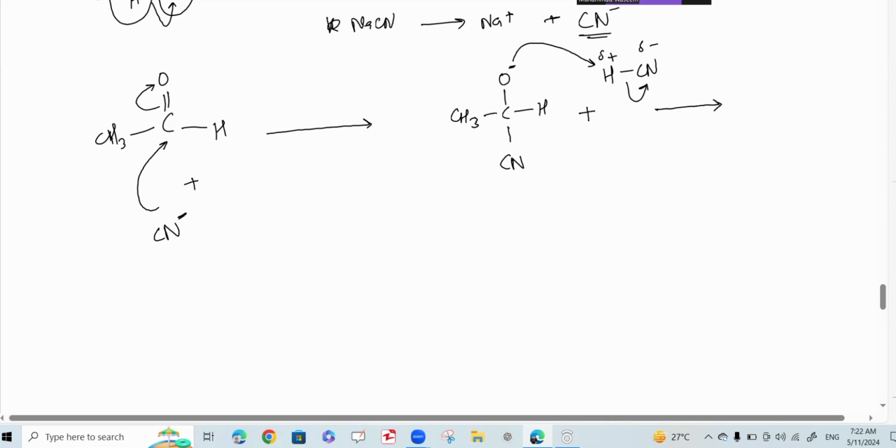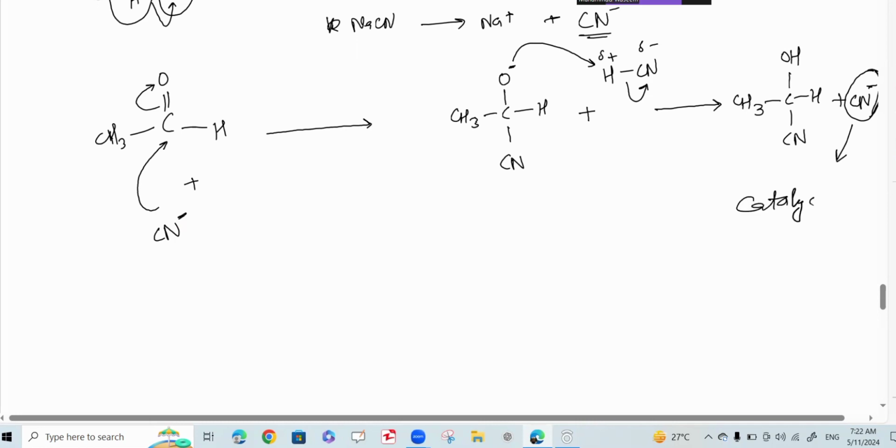So what we will find? CH3, carbon, hydrogen, this will be CN, this will be OH, because this H will be attached on this, and CN will be released. So this CN which has been released, because it was added over here and is being released as it is, is acting as the catalyst.